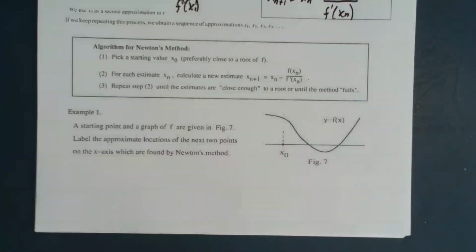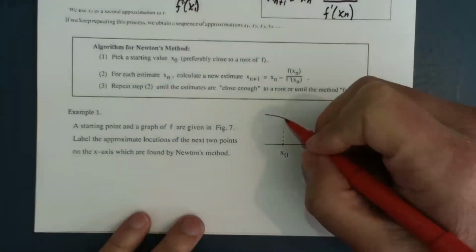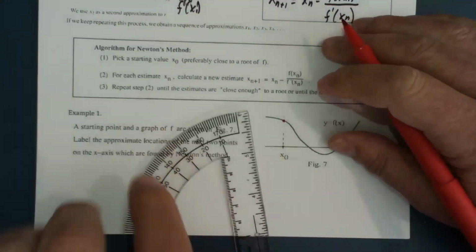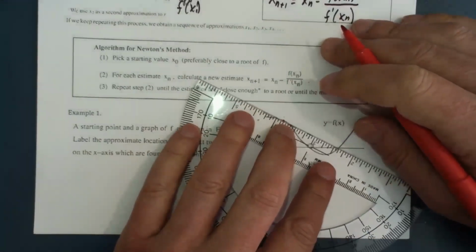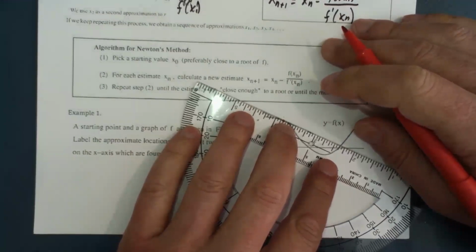All right, so what we're going to do just real quick here before we get into an actual real example is we're going to draw in a couple of iterations without actually knowing what the numbers are. So our first guess is going to be there, and we want the tangent line right at that point. It's going to be there.